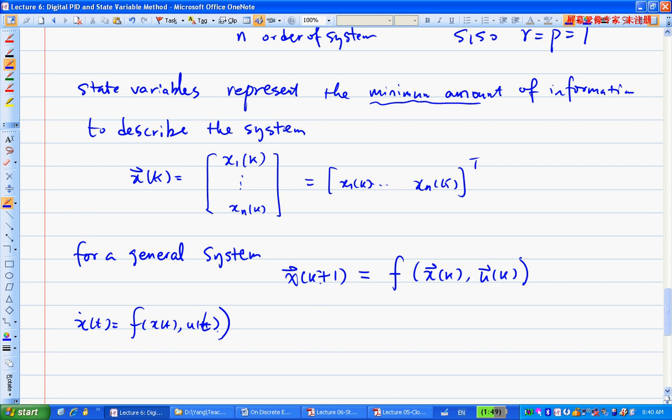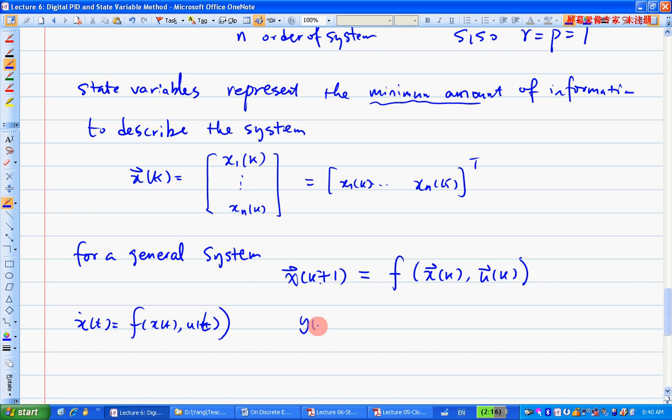This basically says the next moment of the state value, where x is the state variable, is a function of the input and the previous value of the state variables.